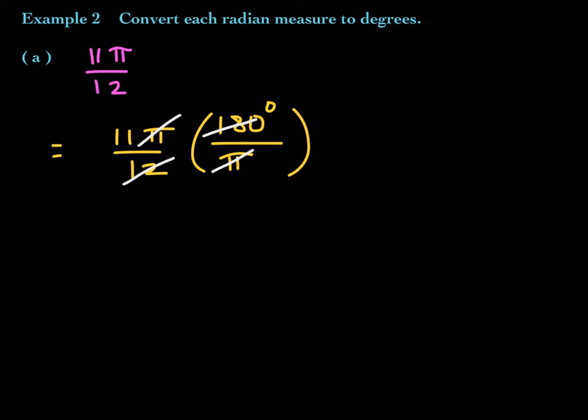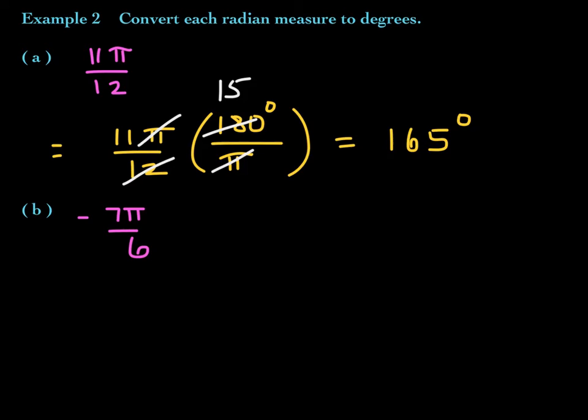Let's see, 12 goes into 18 once. And you'll have 6 left over, 60, so 12 goes into 60 5 times. So that's 15 times. So all you have to do now is multiply 11 by 15, and that's how many degrees you have. So this is equal to 165 degrees, which agrees with what we said earlier. We said this is an angle in quadrant 2, and so is 165 degrees. All right, cool deal.